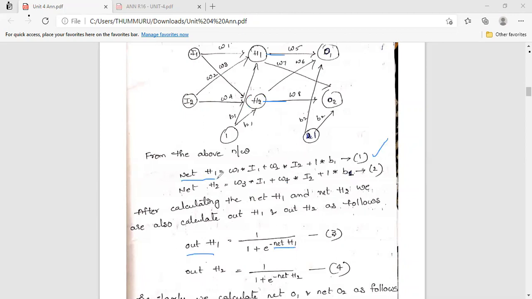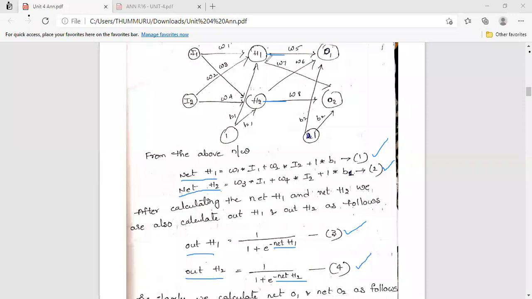This is equation 3. And as well as output of H2 equal to 1 by 1 plus e to the power of minus net H2. Net H2 value is from equation 2. Okay, these are the 3rd and 4th equations.